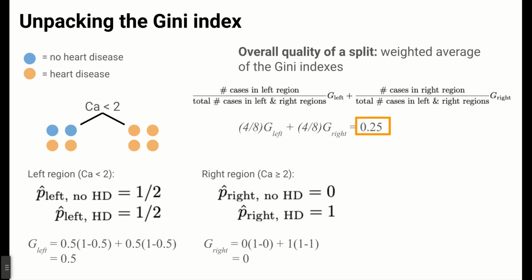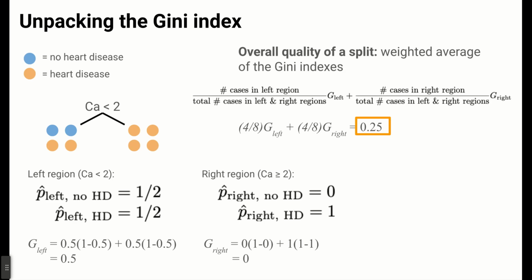The goal of using the Gini Index is to guide tree building. We want to use this measure to compare all of the possible splits that could be made. The overall quality of this split, vessels less than 2, can be captured by a weighted average of the impurity of these two regions.